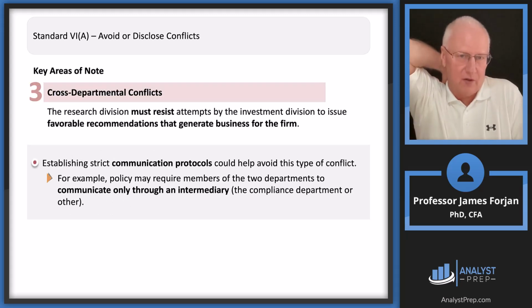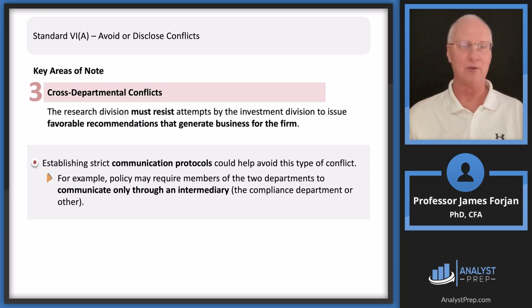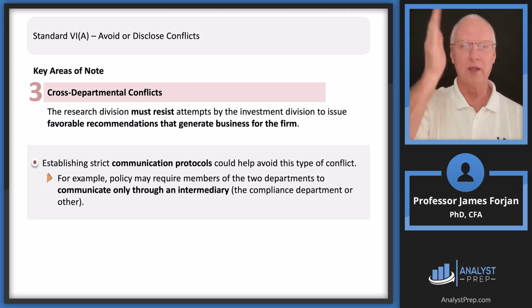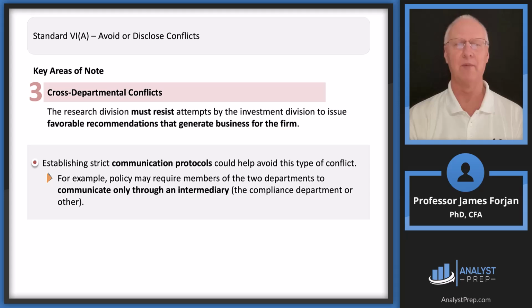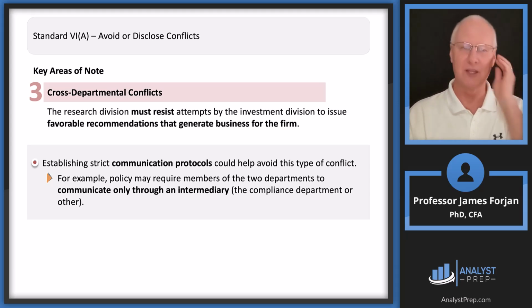Now, I think back in the old days, when I was going through the program, we called this some kind of a wall, some kind of a firewall. I always use the example to my students, and I'm going to give you a silly example here. I'm guessing you guys don't know who Fred Flintstone and Barney Rubble are, but this was a cartoon that I used to watch when I was a kid. And one day they had a fight, and they built a big wall in between their houses. They were next door neighbors. So when I think of cross-departmental conflicts, I think of Barney and Fred, and they built a wall so they didn't have to see each other, they didn't have to look at each other.